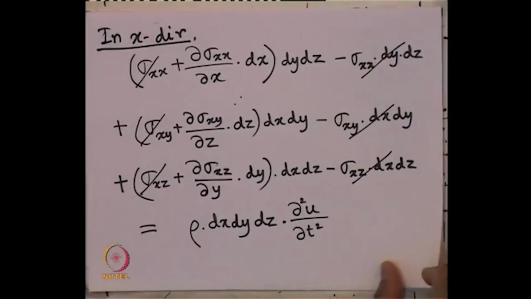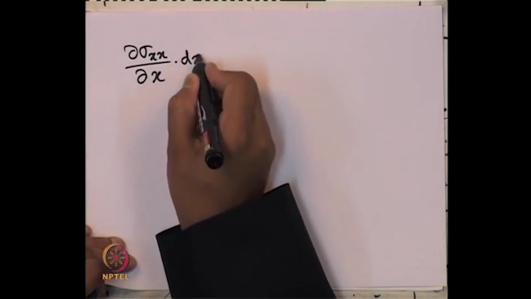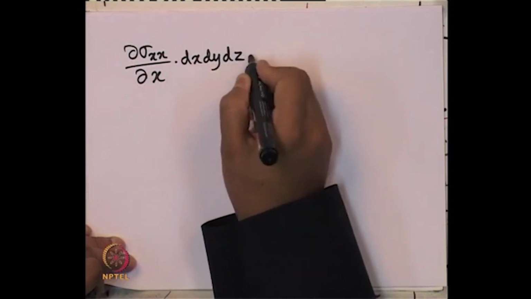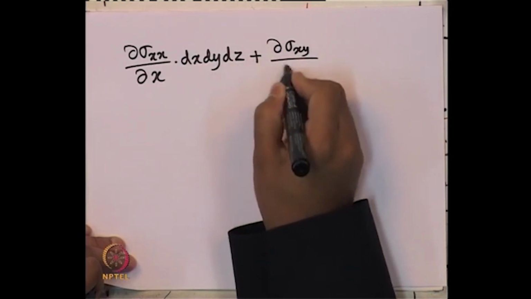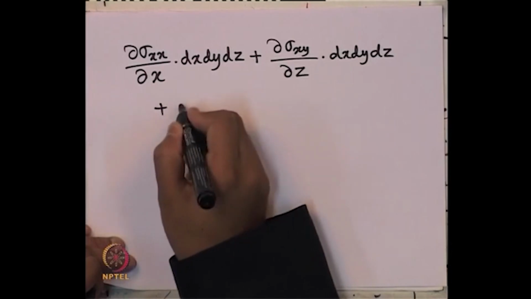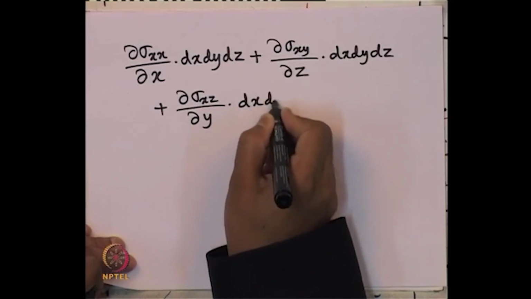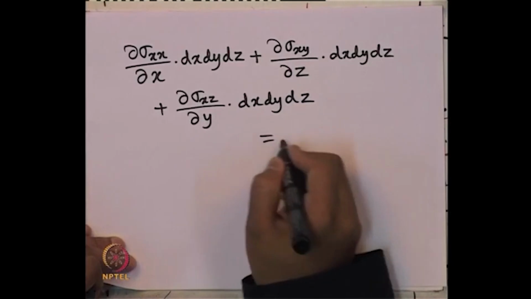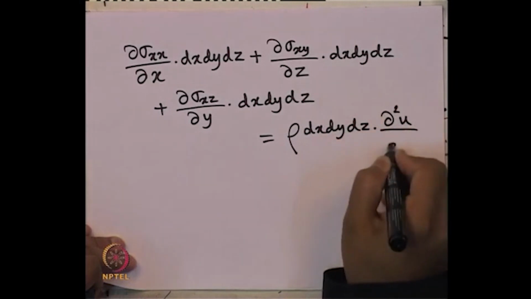So, on simplification of this equation, we can further write that del sigma x x by del x into dx dy dz plus del sigma x y by del z into dx dy dz plus del sigma x z by del y into dx dy dz is equal to rho dx dy dz times del 2 u by del t square.